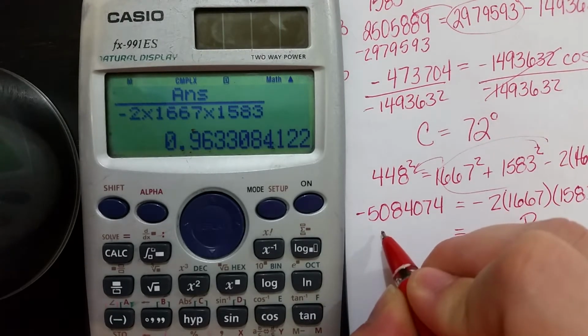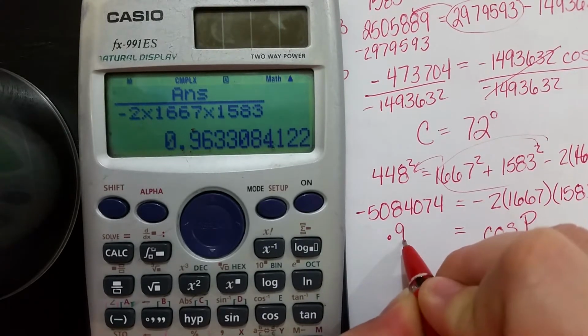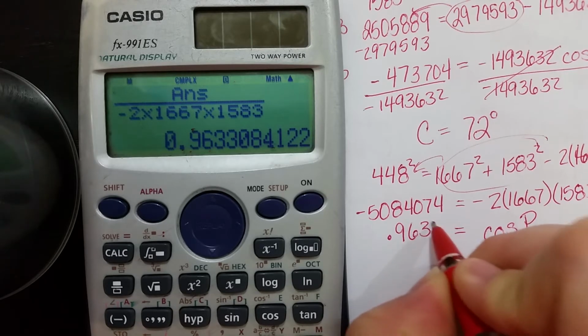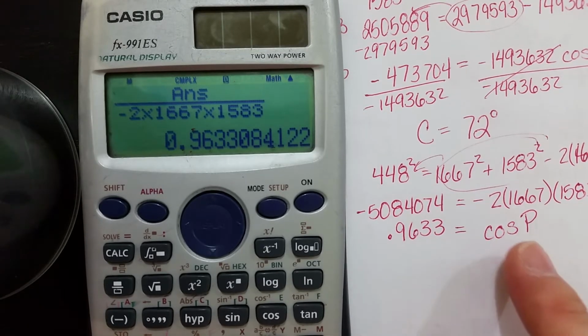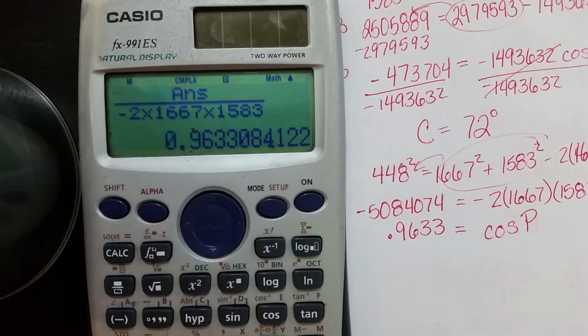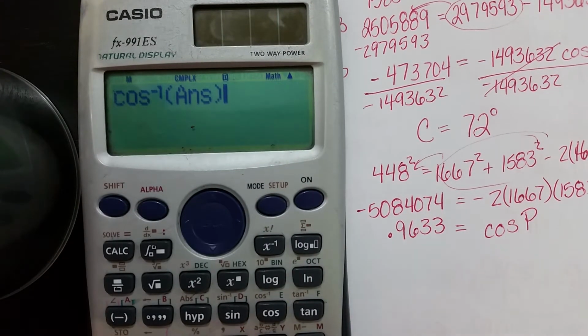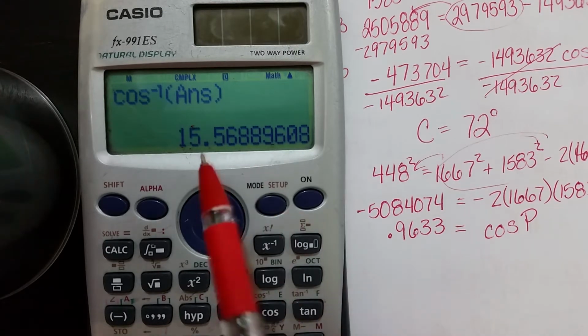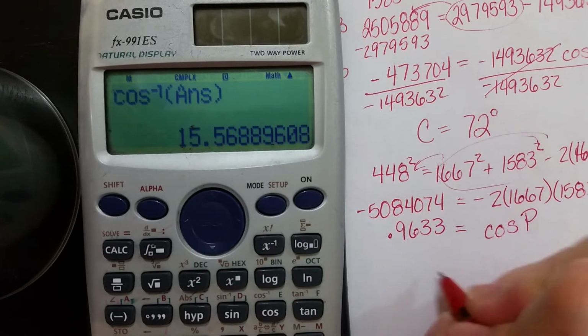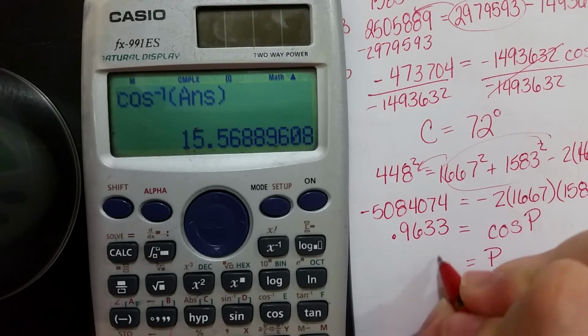But we know that, clearly I'm not going to write all these digits on my paper, but really I don't want to round, so I'm going to do shift cosine answer. So in this case I get about 16 for my angle.